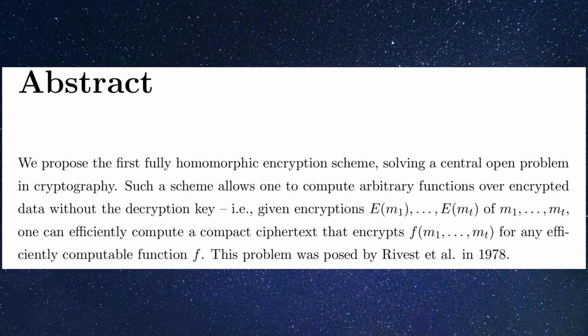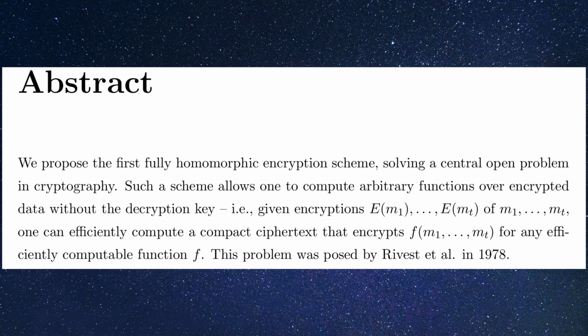So the first ever fully homomorphic encryption was created in 2009 by Craig Gentry, and there is a paper on that, which I will also link. But that was the very first creation of fully homomorphic encryption. And in that paper, he proposes a way to deal with the noise so that we can perform multiple operations on the data.